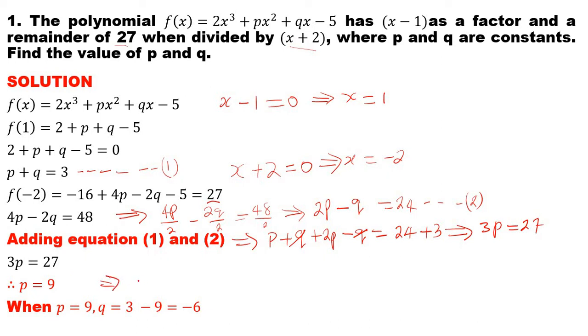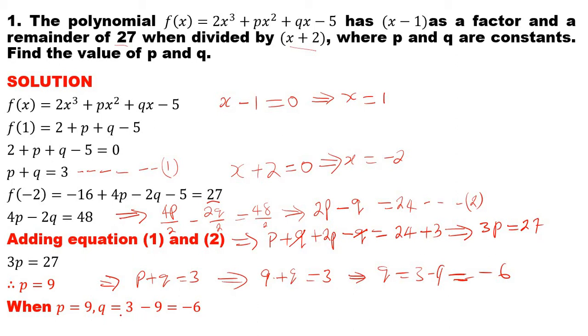This implies that p plus q, which is 3, becomes 9 plus q, which is 3, and that makes q to be 3 minus 9, and that is minus 6, okay? So that is minus 6.